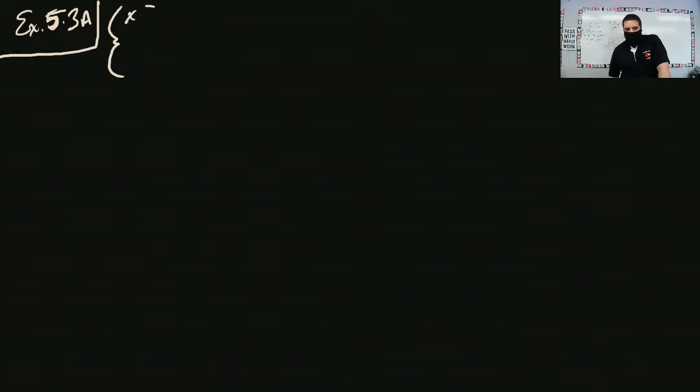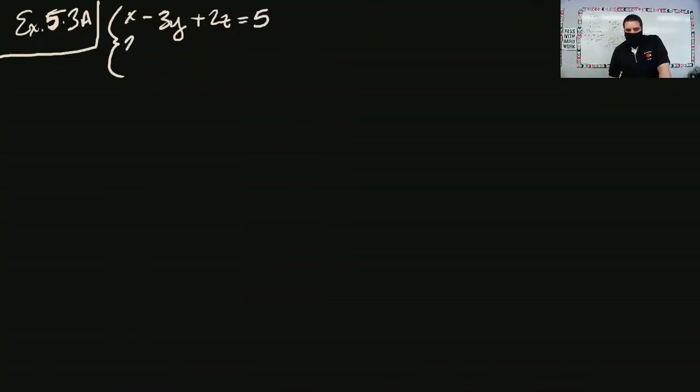So looking at example A, I have example 5.3a. Notice I am writing small. This is going to be a long one. All right, so I have a system of equations where we have x minus 3y plus 2z is equal to 5.